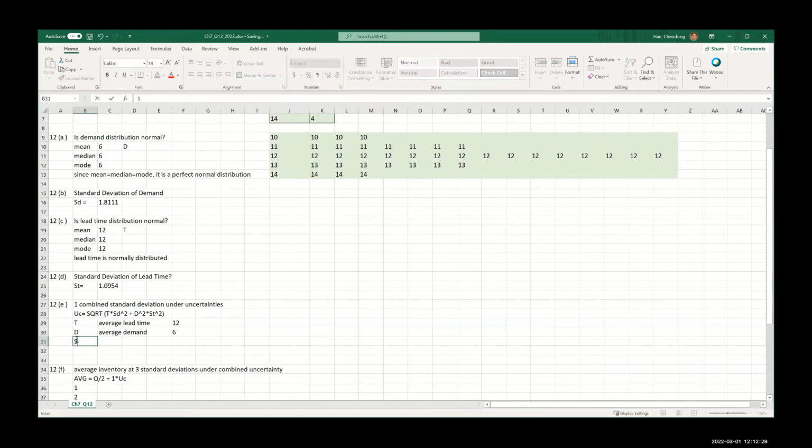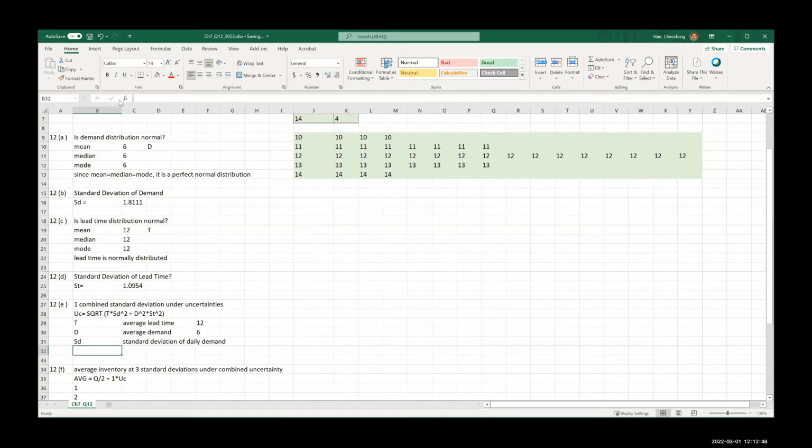Then SD, standard deviation of daily demand. Let's expand a little bit. Yeah, okay.